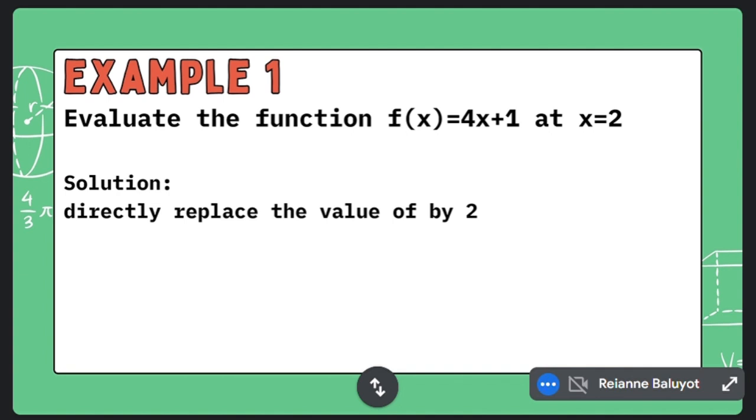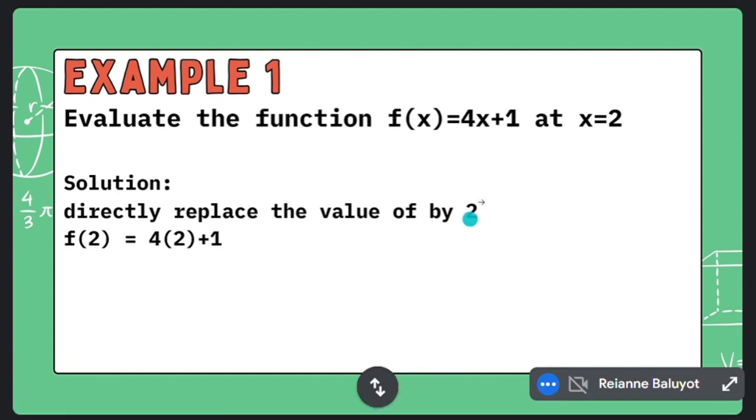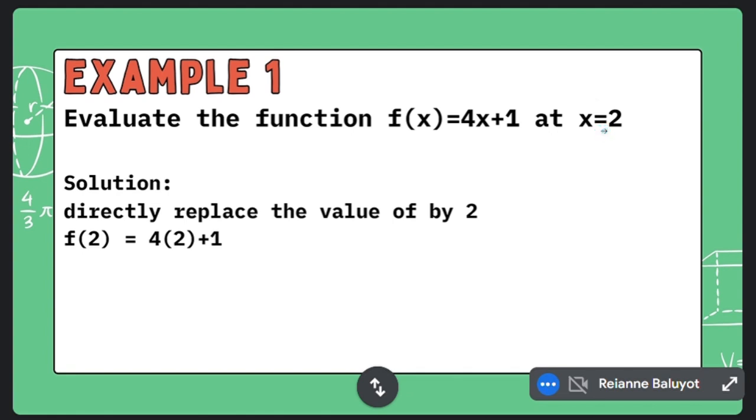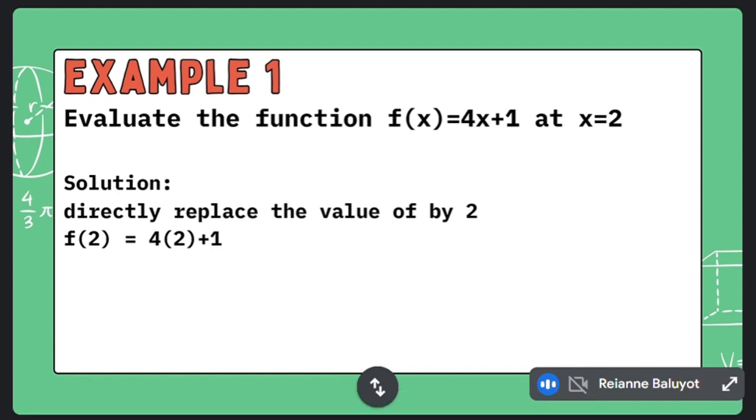The first step is to directly replace the value of x by 2. We replace x, which is 2, in our function. So our new function is f of 2 is equal to 4 multiplied by 2 plus 1.